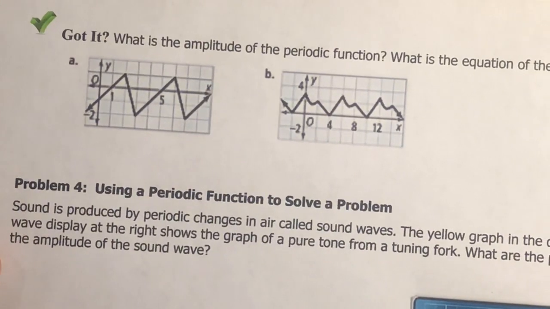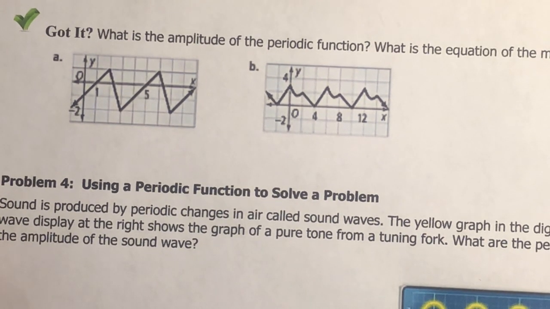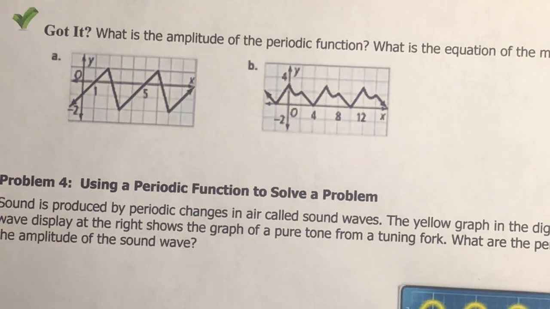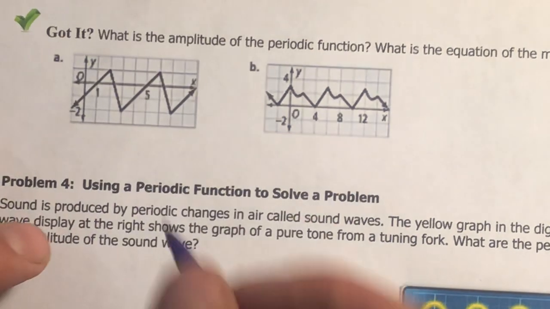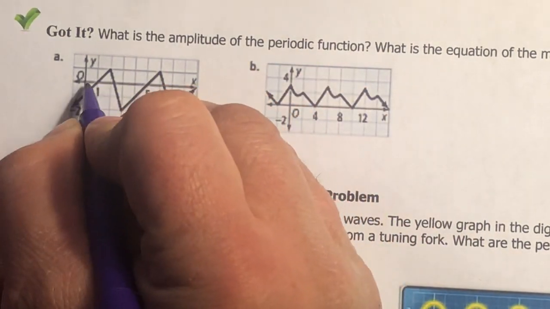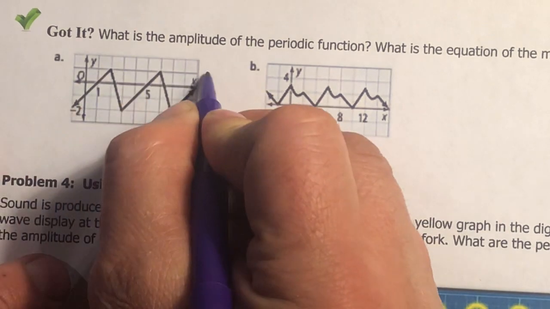All right, just a few more here, guys. What is the amplitude of the periodic function? What is the equation of the midline? Well, we're just going to find the amplitude right now. Let's look at my maximum. It looks like this goes up by 1, so my maximum value is 1.